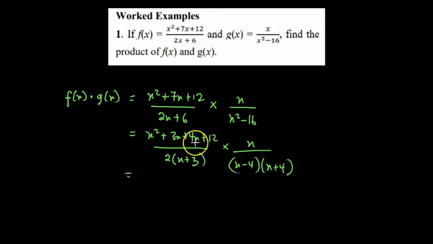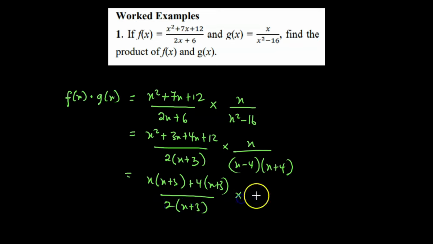Now when I factorize this quadratic polynomial, I get x into bracket x plus 3, plus 4 into bracket x plus 3, all on 2 into bracket x plus 3, times x all on x minus 4 multiplying x plus 4.